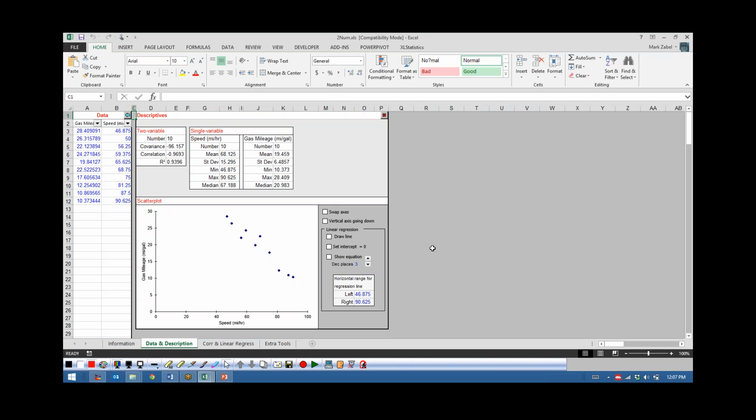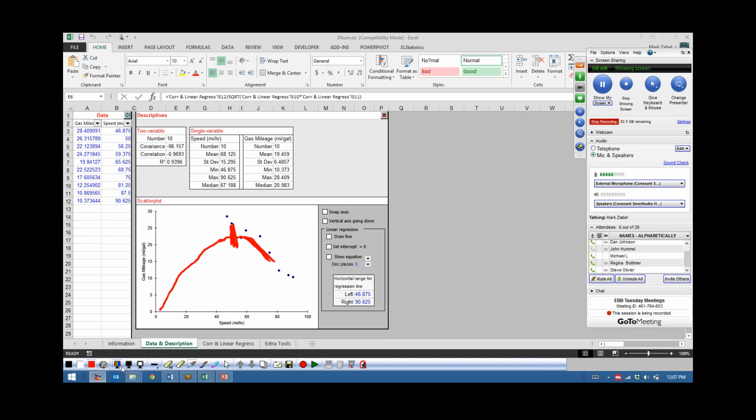Okay. So to do the correlation, what correlation is, it's a calculation that quantifies the strength of this line, and it quantifies it between -1 and +1, okay?